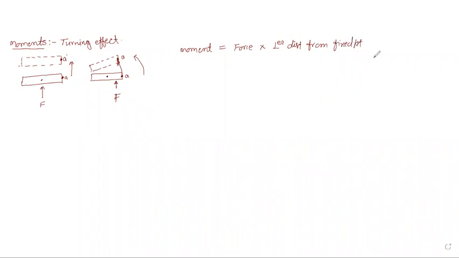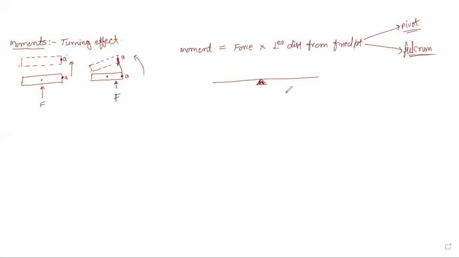As far as our syllabus is concerned, sometimes the fixed point is treated as pivot, or sometimes the same will be referred to as fulcrum. The meaning is the same. Suppose we have a device, a seesaw, which is balanced at this point. This is treated as a fulcrum.